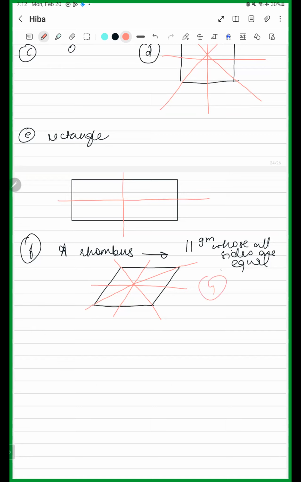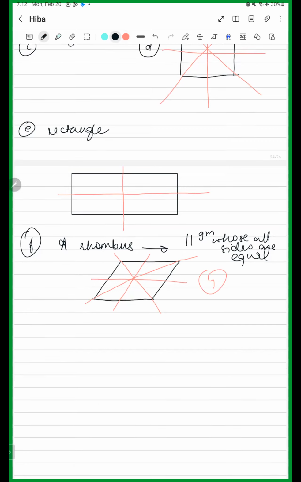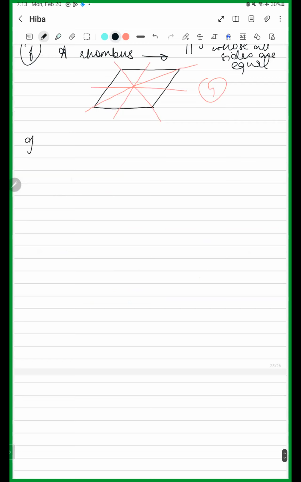Next is parallelogram. बताइए. A parallelogram is like all the sides are of different length.